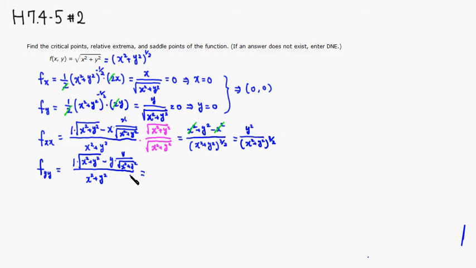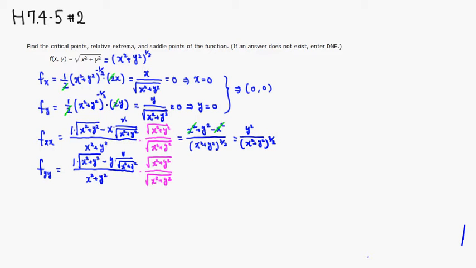We're going to multiply top and bottom by the square root of x squared plus y squared.